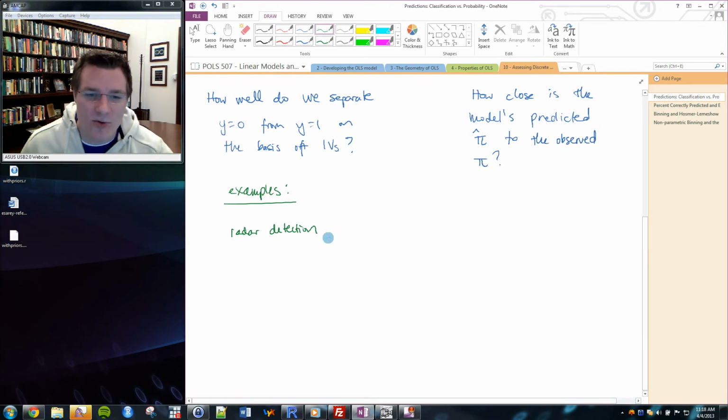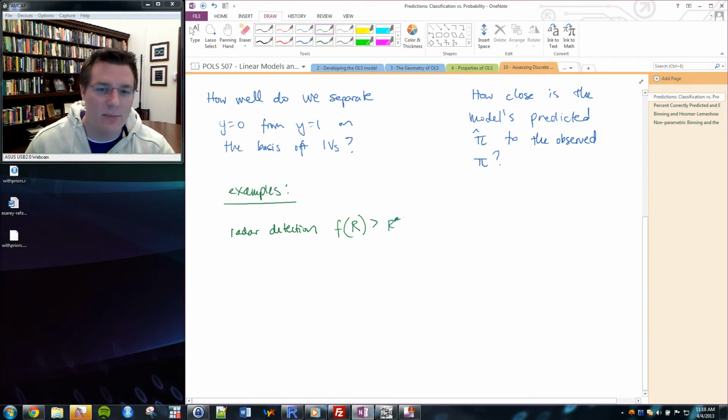And so what we're trying to do is say, okay, there's some kind of radar signal that we see, reflectance or something, and we're going to pass that through a link function, and if that link function is bigger than some critical value, then we're going to say there's a plane there, and if not, then not, right? We're just going to say there's not a plane there.